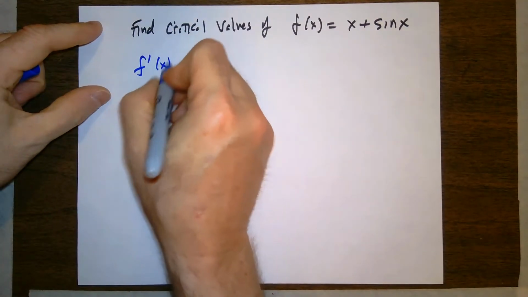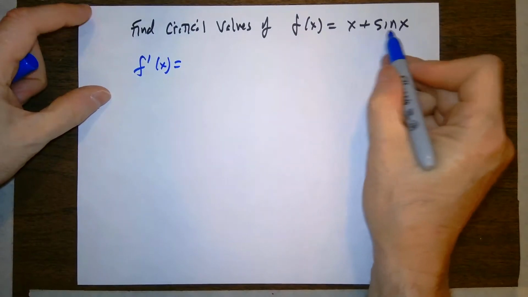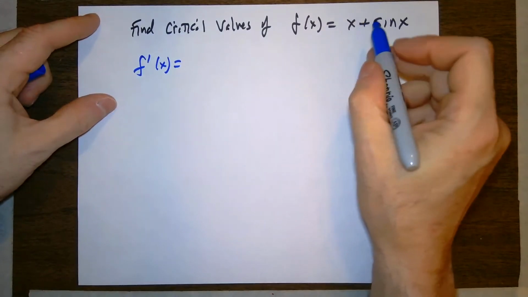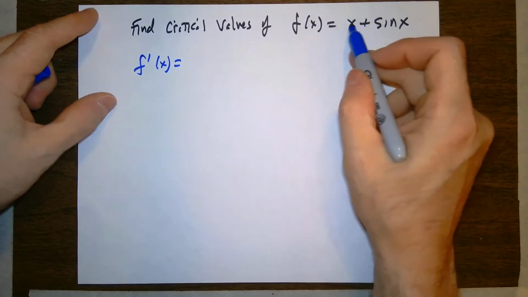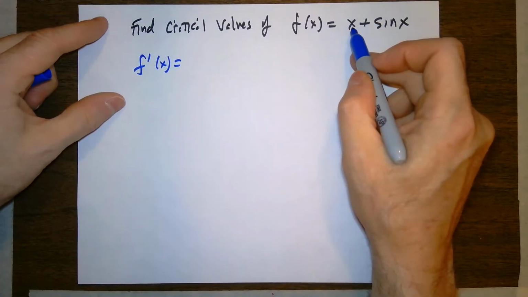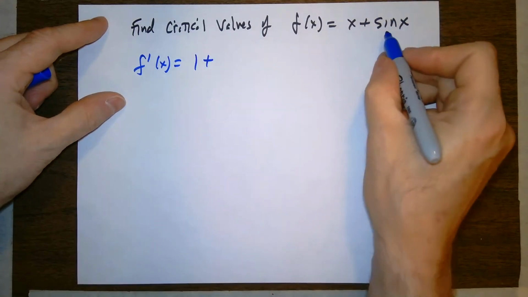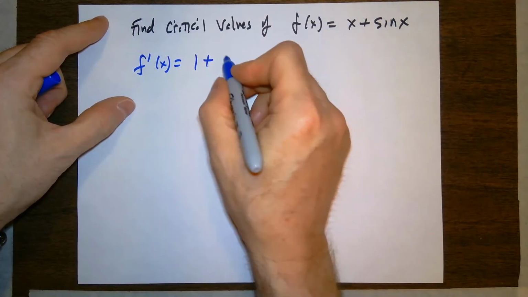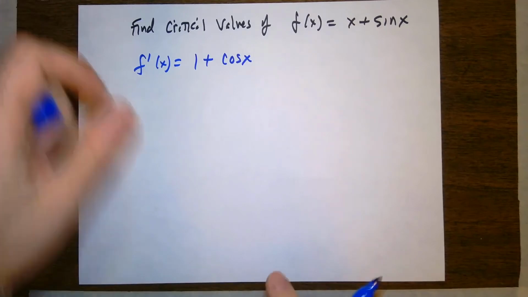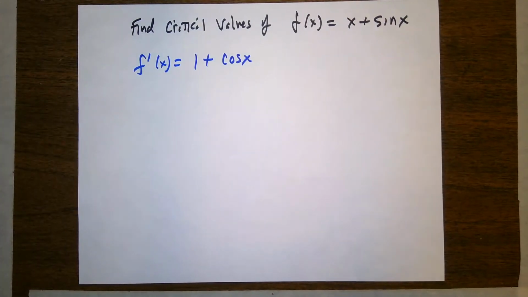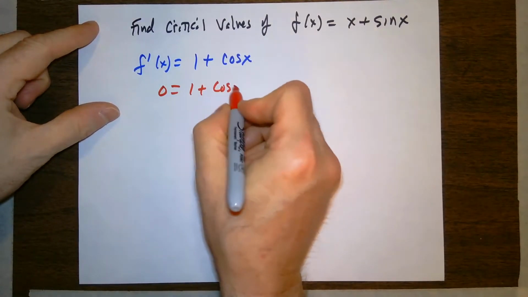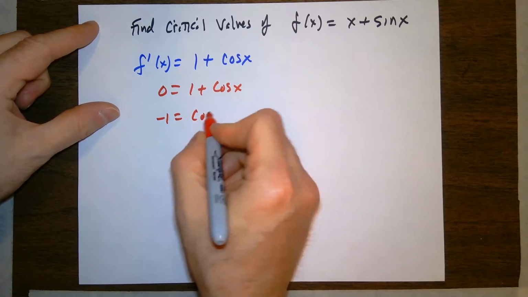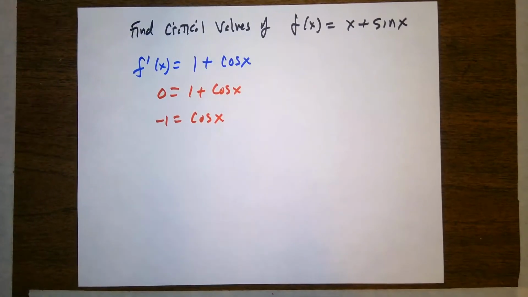This is just a sum, so the derivative of the sum of the functions is the sum of the derivatives. So the derivative of x is 1, plus the derivative of sine is cosine. And there's my derivative. Now I need to set it equal to 0. 0 equals 1 plus cosine x. Negative 1 equals the cosine of x.